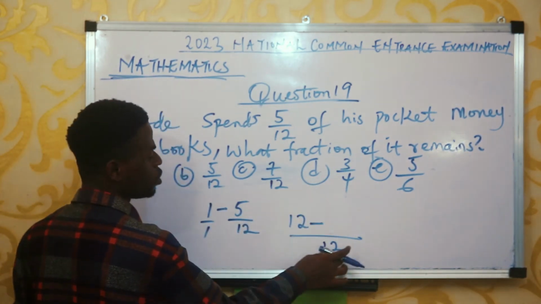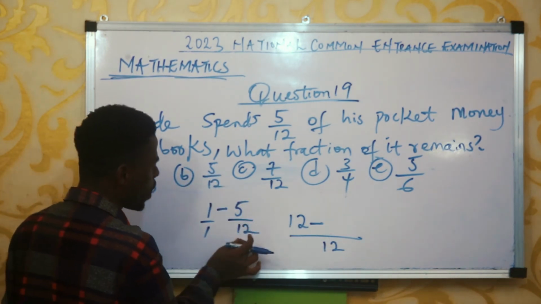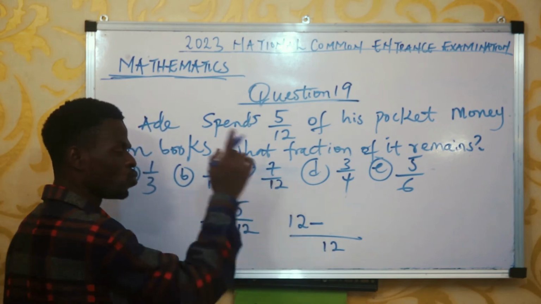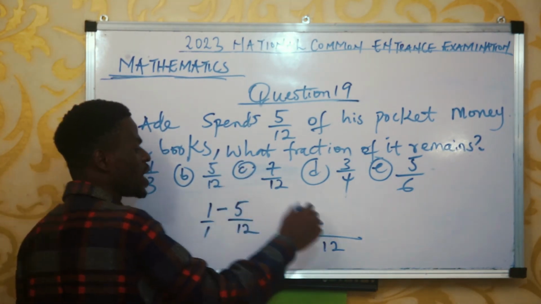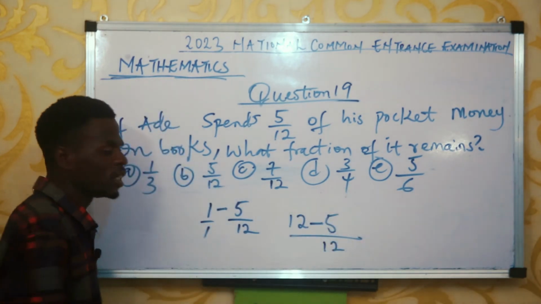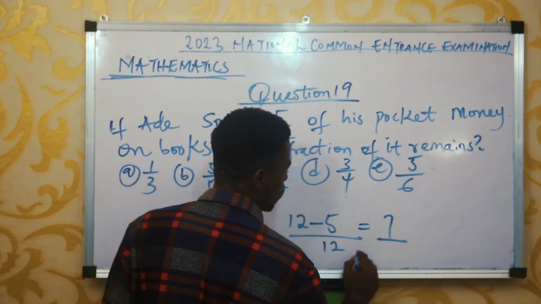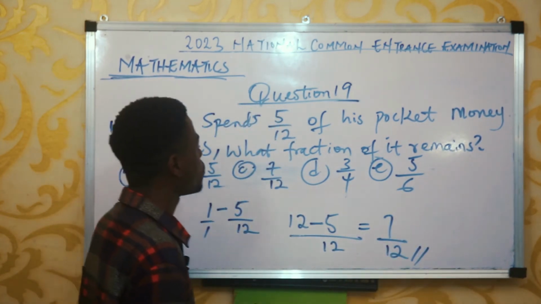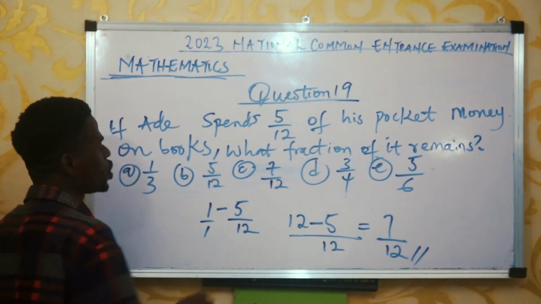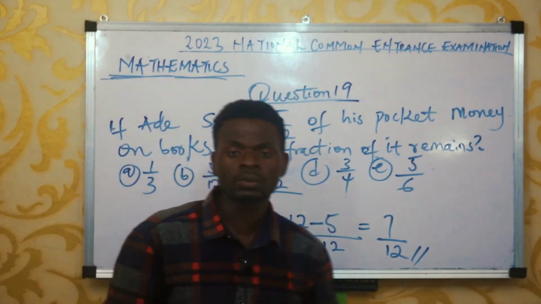Then for the second fraction, which is 5/12, 12 in 12 is 1. Then you use it to multiply the numerator, which is 5. 1 times 5 gives us 5. Then now subtract. 12 minus 5 gives us 7 over 12. So definitely our final answer there is 7/12. So the option there is Option C. Thank you very much.